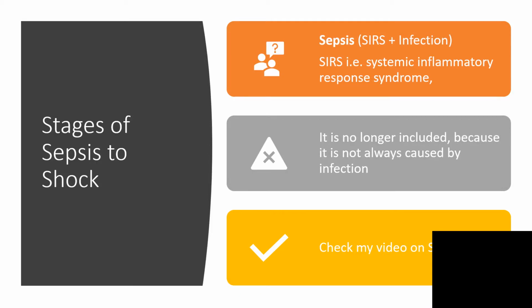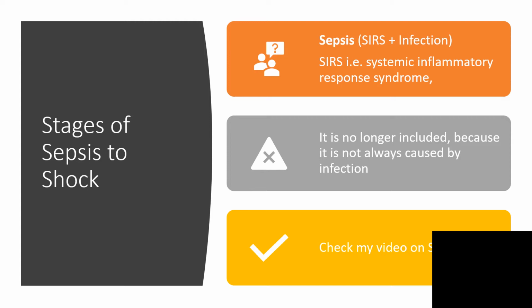If you have gone through my channel and listened to two of my presentations, one on sepsis 1 and the other on sepsis 2, I straightened some stuff out while defining some terms when it comes to sepsis, the stages going to shock.